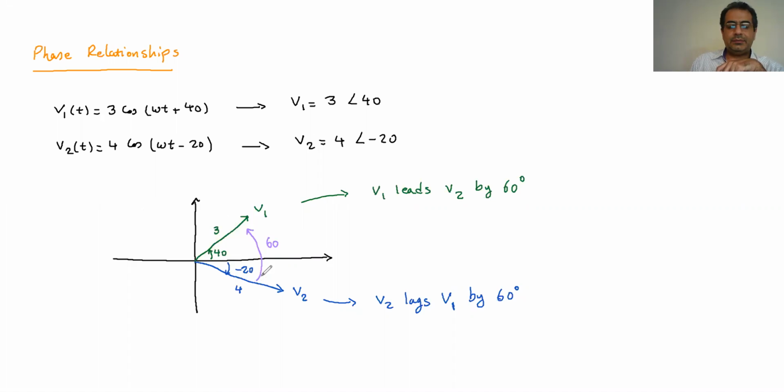Whoever is ahead in the counterclockwise format is leading. Whoever is behind in the counterclockwise format, we say it lags behind. So V1 leads V2 or V2 lags V1.